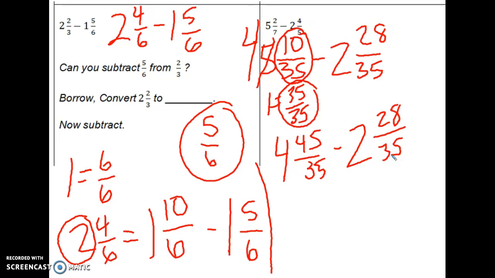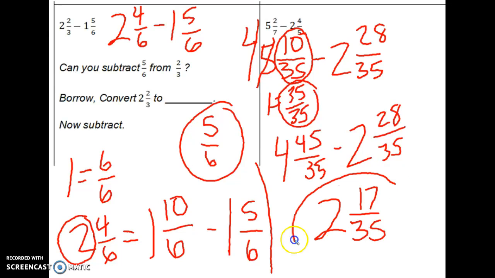So from here, you're just going to go ahead and subtract. Subtract starting with your fraction. 45 minus 28 is going to give me 17, and 17/35 because the denominator does not change. And then 4 minus 2 is 2. That fraction is in lowest terms, so I know I'm finished.